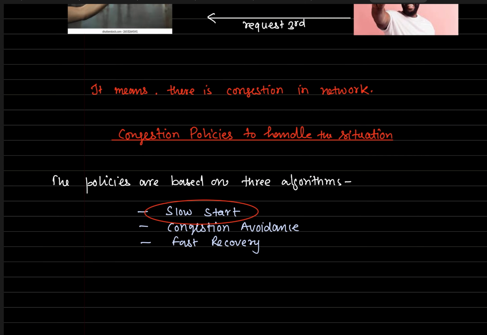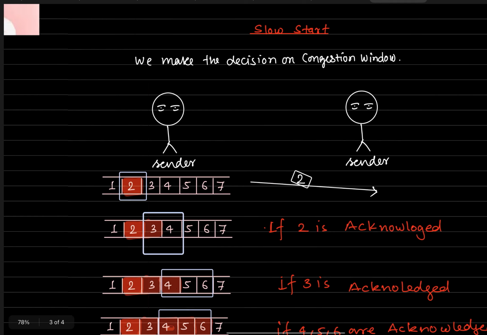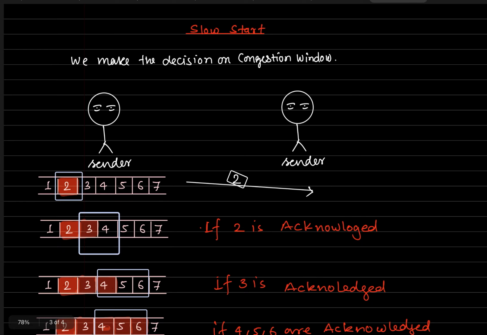With the help of an example, we'll see only one algorithm, which is the slow start algorithm. Let's see how it works. In the slow start algorithm, there are two objects we have. The first one is a sender, and the other one is a receiver.